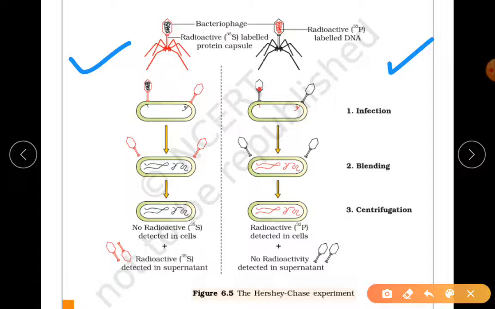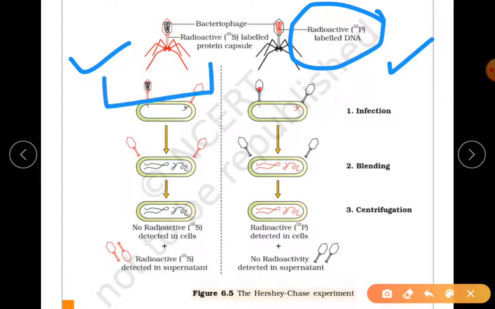So what was his main aim? You know DNA has phosphate, right? Therefore P32 will bind to the phosphate present in DNA, so it is attached to DNA, not to the protein. In the other set, he put only S35.